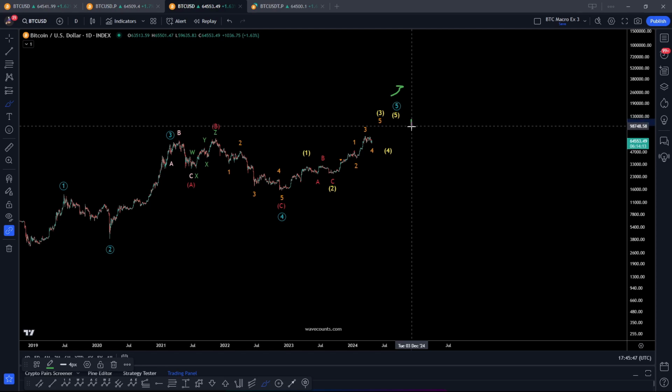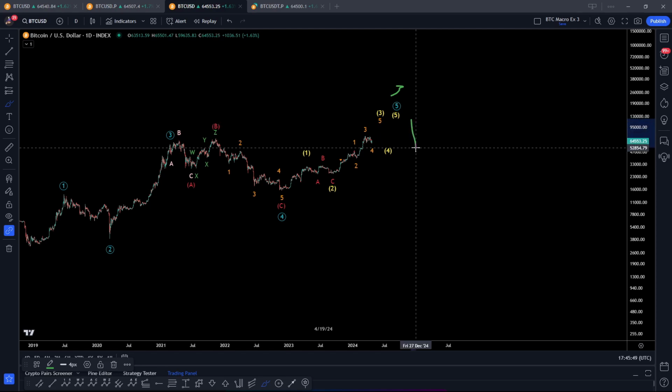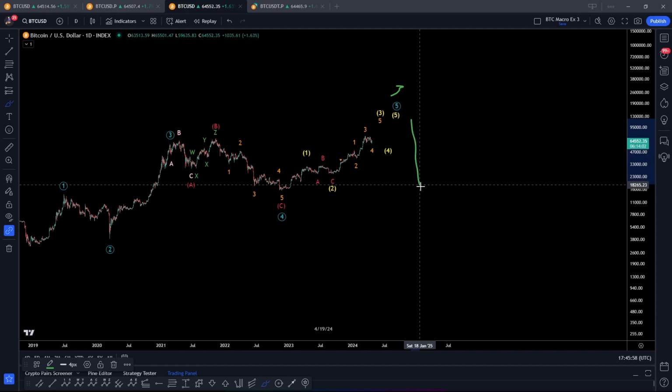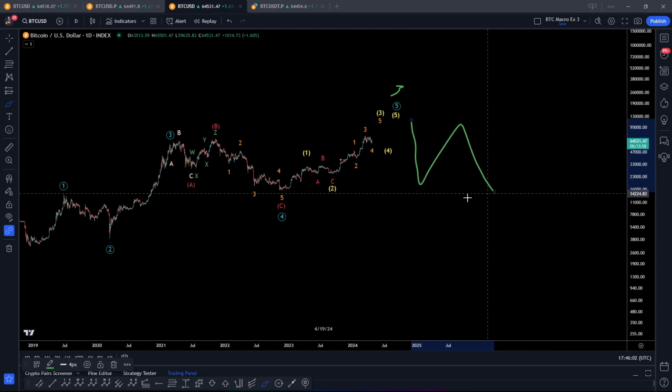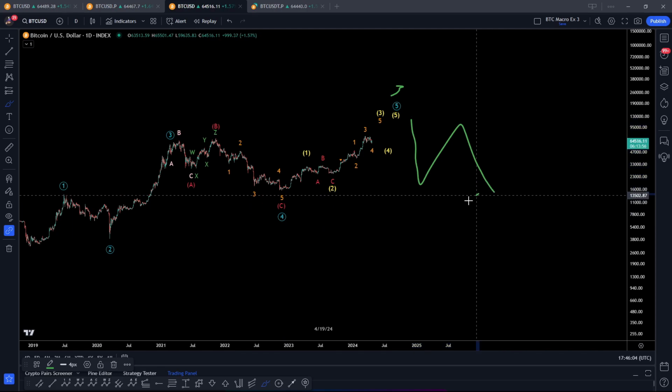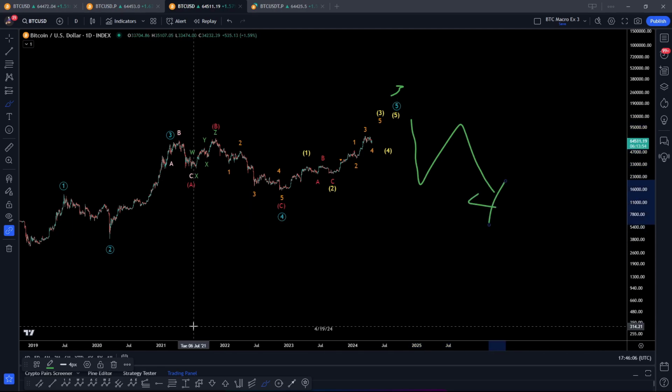Back to alternation again. Maybe a flat, okay? Maybe it's a triangle, something like that. I'll do a flat for illustrative purposes. A, B, C, take out this low, wave 4, complete.